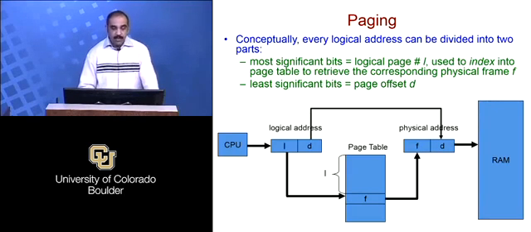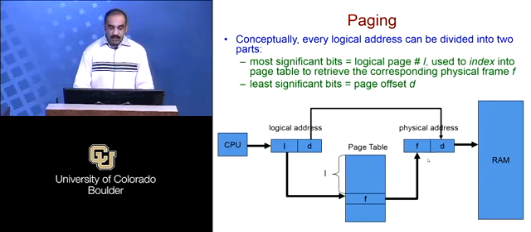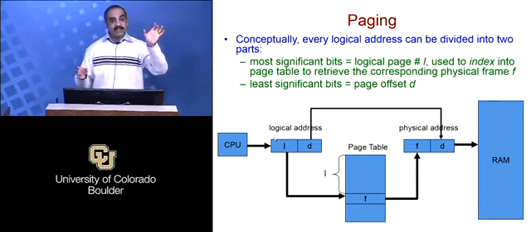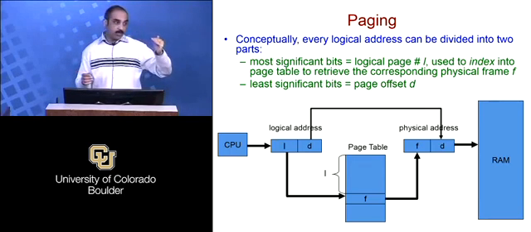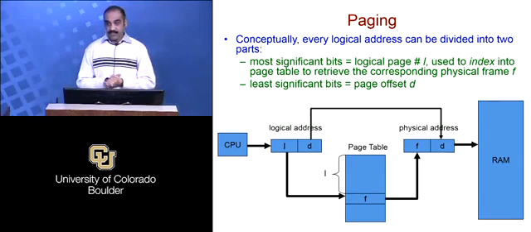Conceptually, every logical address can be divided into 2 parts. Given a logical address, you have to do 2 things. First, figure out which page this address belongs to, which is dividing the logical address by the page size.